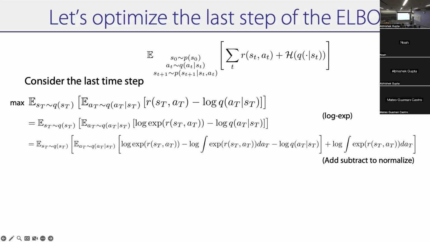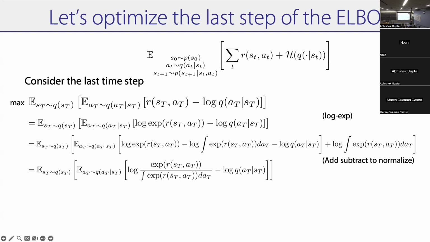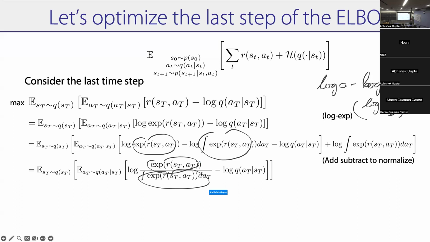Okay, so you're just going to add and subtract, and then you're going to say log a minus log b is equal to log a over b, right? And so you're going to take this term and this term, and you're going to get log of x bar by integral x bar, right? For now, the second term doesn't matter when you're trying to minimize q because it doesn't depend on q, right?